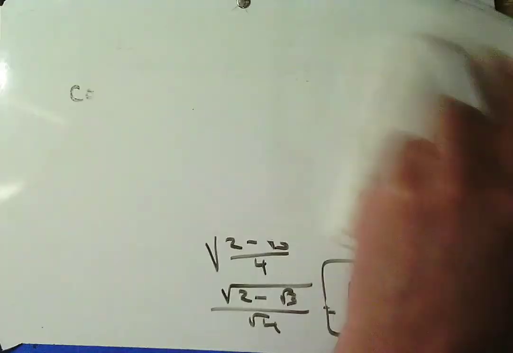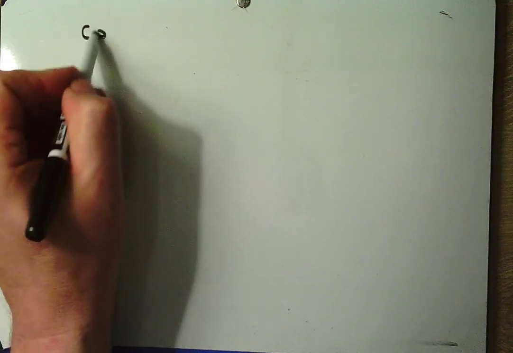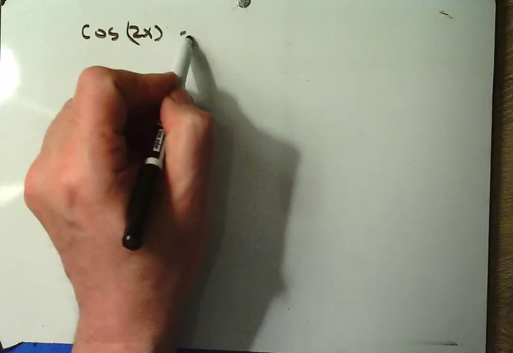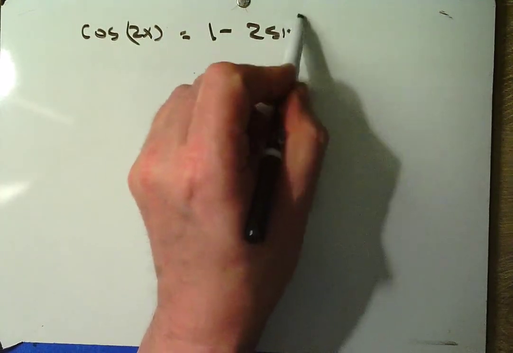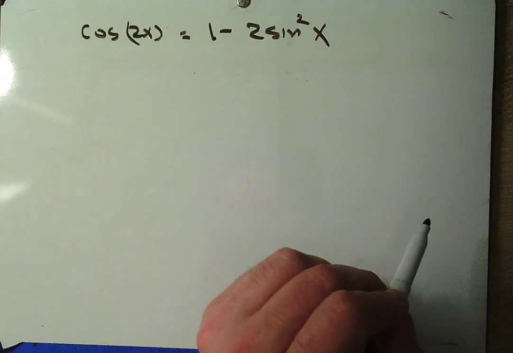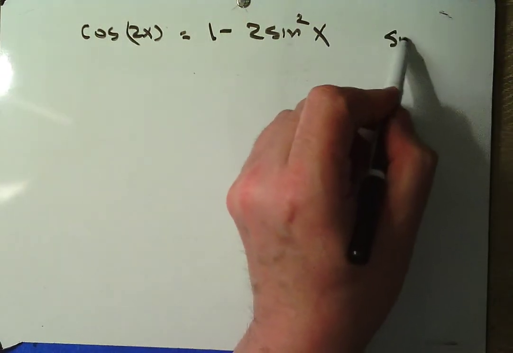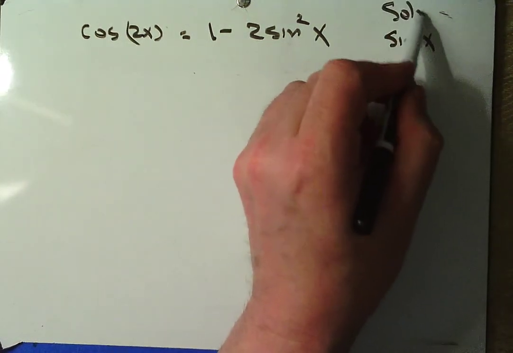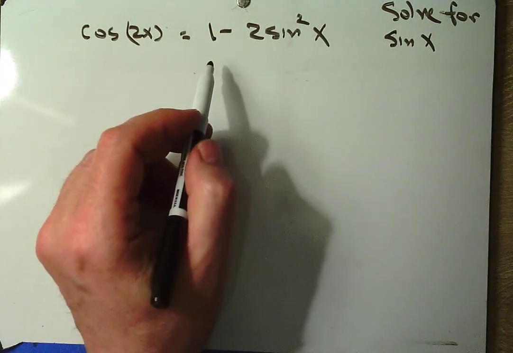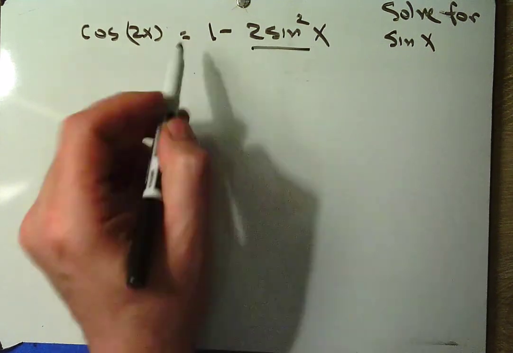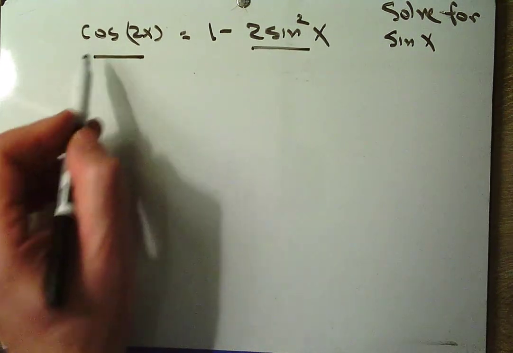So what about the sine half-angle formula? Sine half-angle. So we started off with cosine 2x equals, and we had this 1 minus 2 sine squared x formula. Okay, so let's solve for sine x. I'm going to add this to both sides and subtract this from both sides.